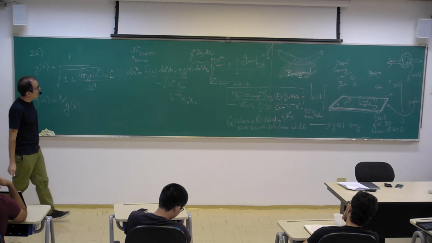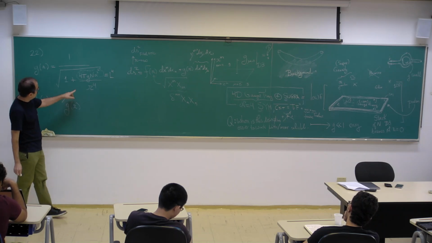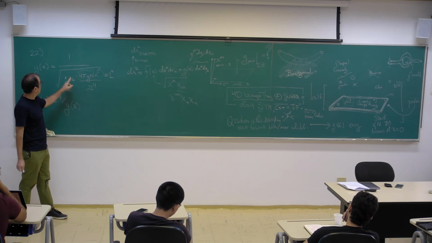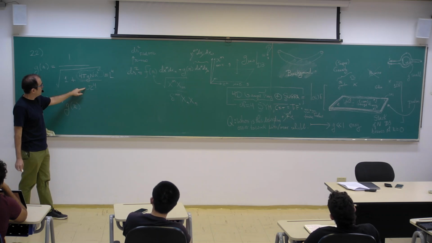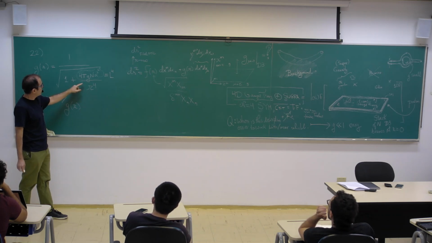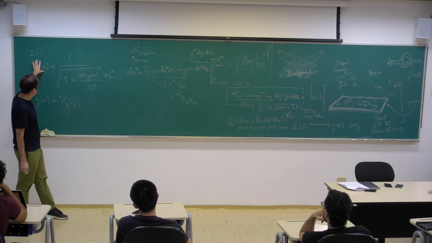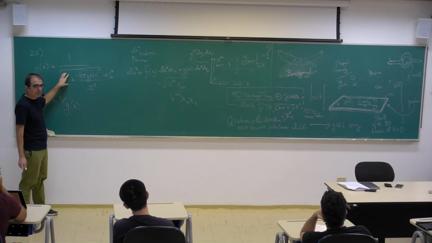Good. Now, on the other hand, something also happens when R goes to 0. When R goes to 0, this function f, instead of going to 1, also simplifies: the 1 becomes very small relative to the other term, which becomes very big, so I can drop the 1. In one case I keep the 1, in the other case I drop the 1.